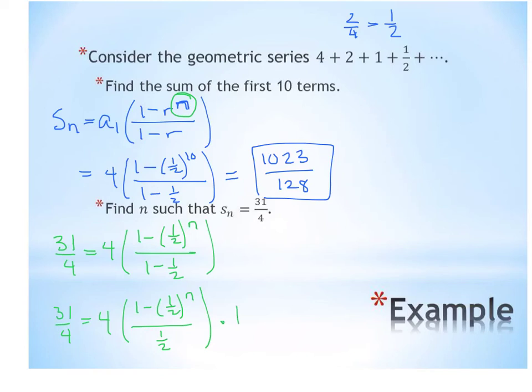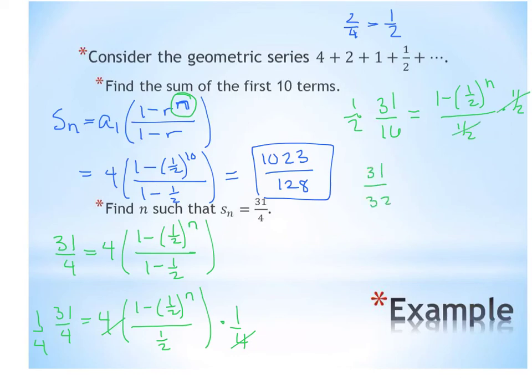And tell you what, let's multiply by 1/4 to get rid of the 4 and bring it way up top here. 31/16 equals 1 minus a half to the n over a half. So you're really then going to multiply by a half. You don't want to multiply by the reciprocal, you want to cancel that whole thing. 31/32 equals 1 minus a half to the n.